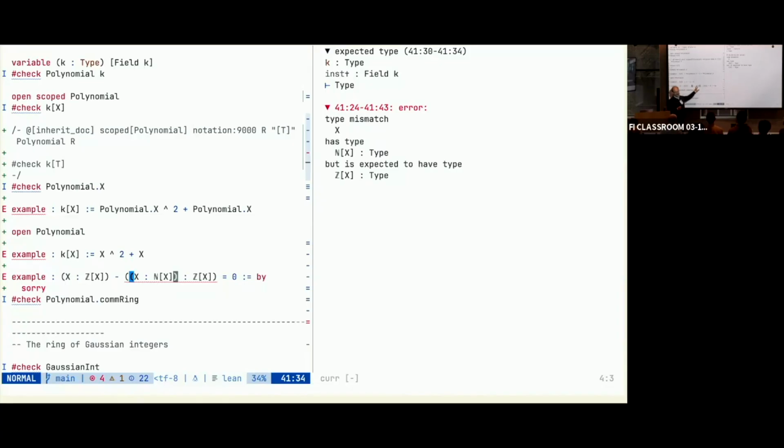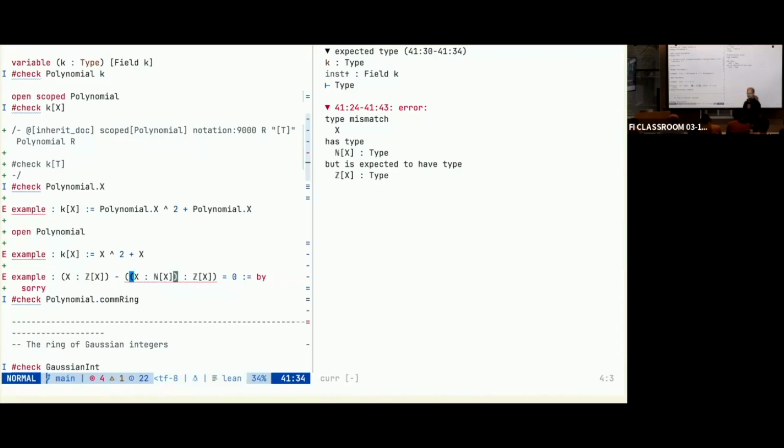By saying this, the machine will understand that it has to be n. Now I say, take this polynomial in n of x and try to view it as a polynomial in z of x. The question is, in Mathlib, is there a coercion map that goes from n of x to z of x? And apparently there isn't.